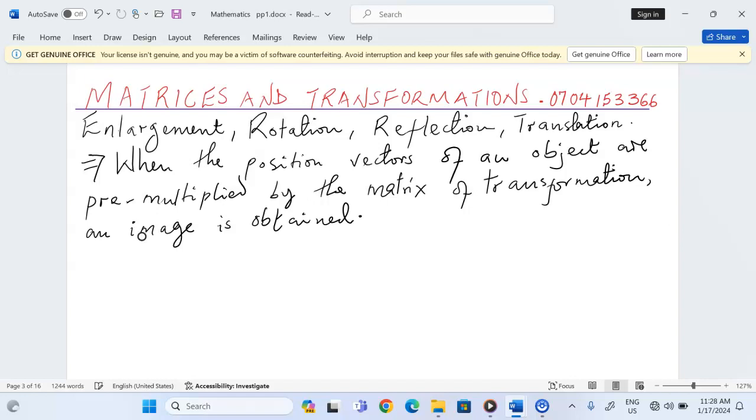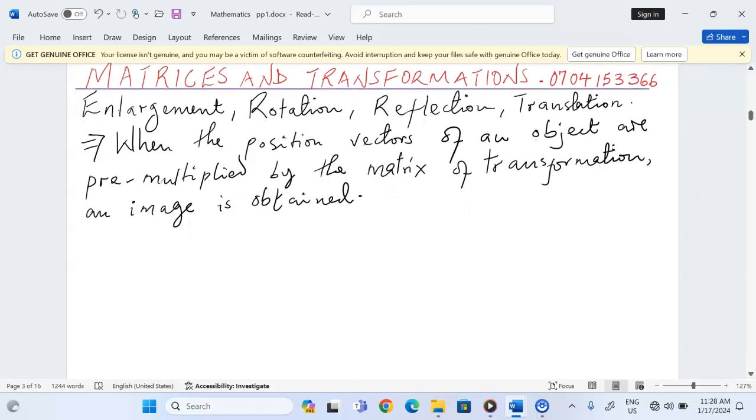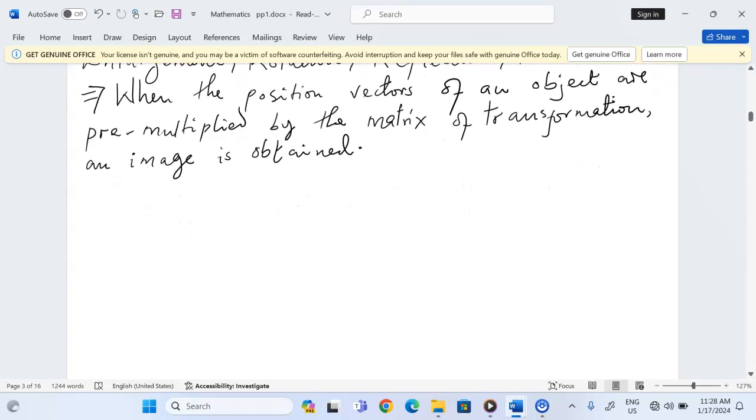It's very good again to know that for every transformation there is a matrix. We can understand this more through the use of an example.